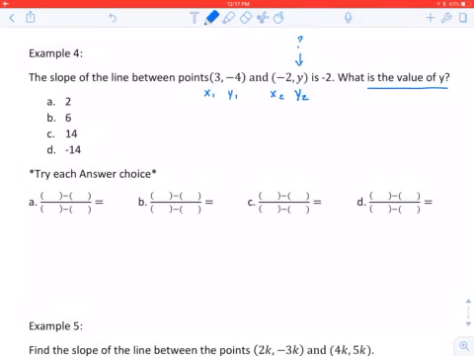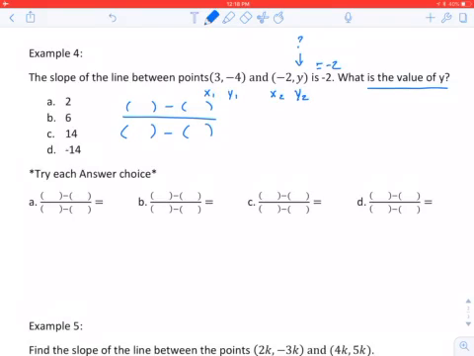So we need to find out what is that number supposed to be in order to give us a slope of -2. So we have to find which one, when we plug in one of these answer choices in for y, which one is going to give us a slope of -2. So we're going to set it up exact same way that we did before.